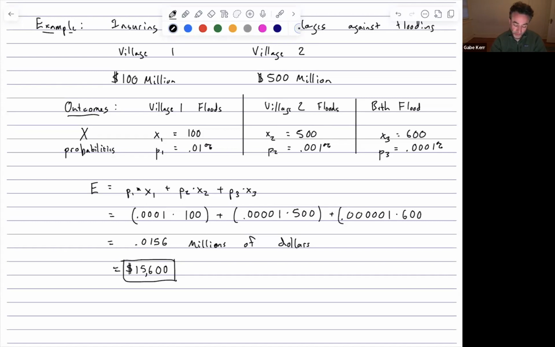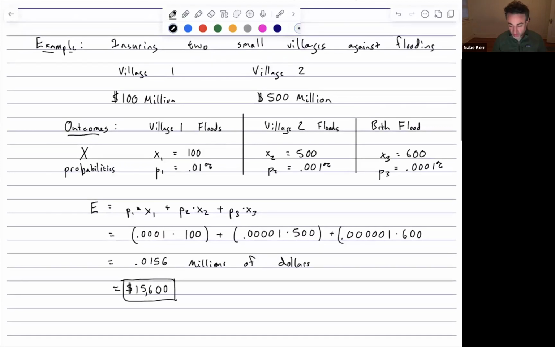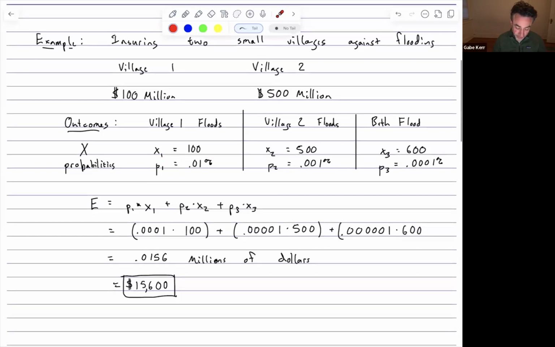At the very least, if you're interested in profit, you may want to add some on. Okay, so this gives you an idea of how you can measure risk if you have good probabilities, and you know exactly what you're going to insure, you know exactly what the payoff is in the various scenarios and the various outcomes.